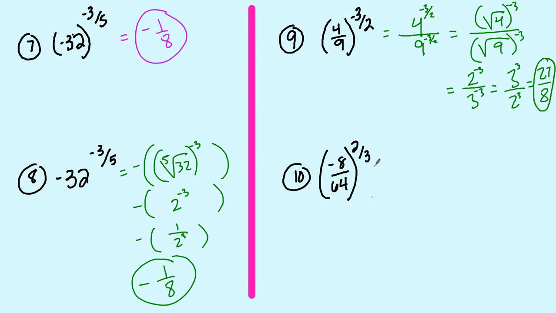Number 10. All right, so here I would just think of the negative with the numerator. I wouldn't put it with both. So here we have negative 8 to the 2/3 and 64 to the 2/3.